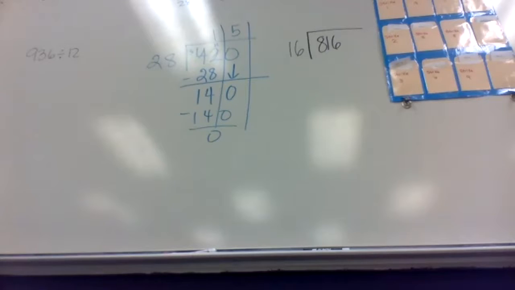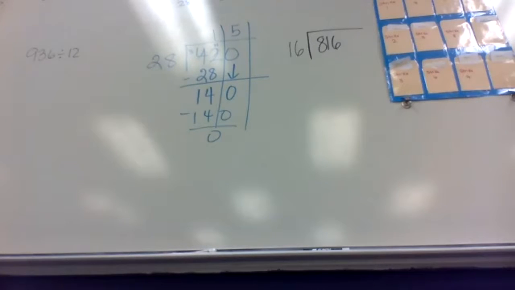You got 8, 81, or 816. Those are three numbers. Can 16 go into 8? No. So 16 has to go into 81. So you draw your line.